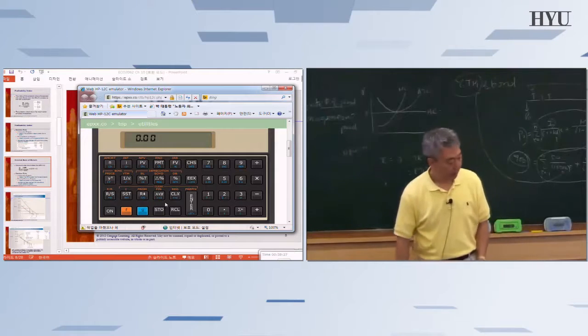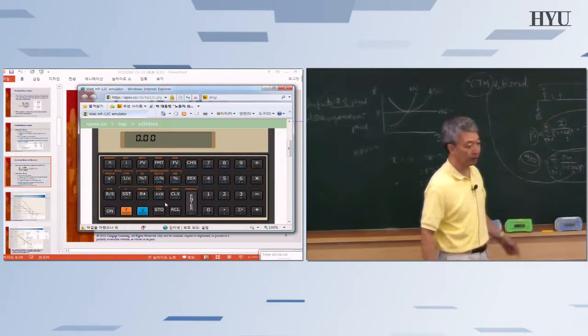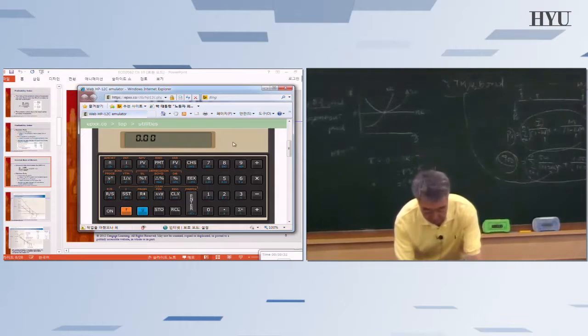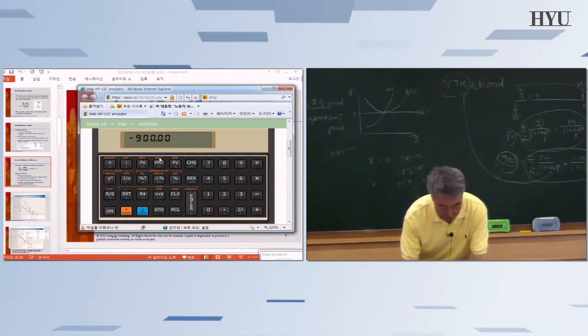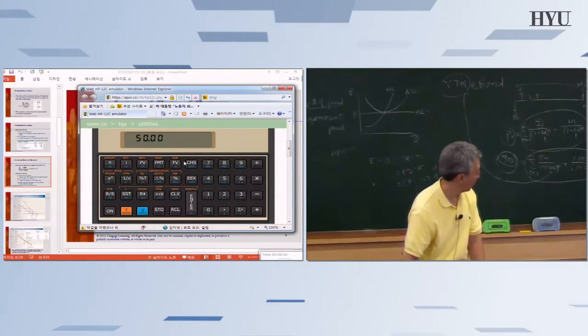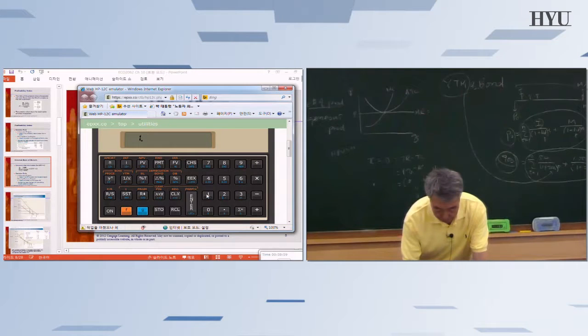Suppose you paid $900 as the initial investment, which is the present value. And the payment is $50 annually. And 10 years as the number of periods.